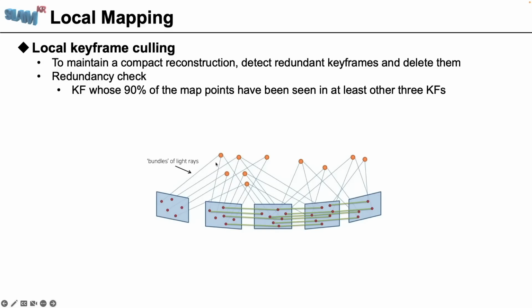So if this keyframe's map points were already seen in other frames, then this keyframe may not be useful, not novel, so it would be deleted.